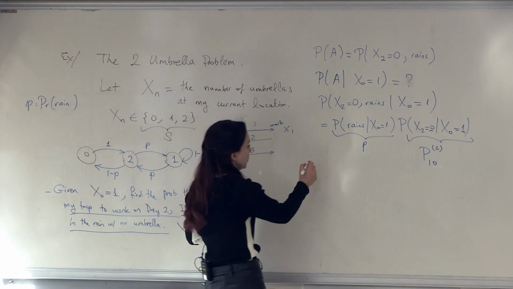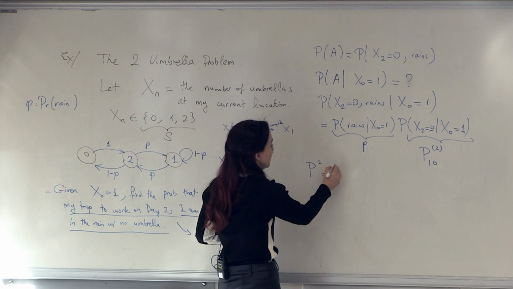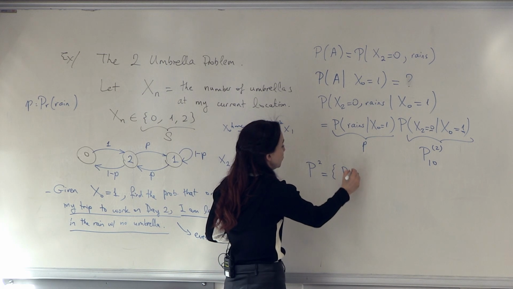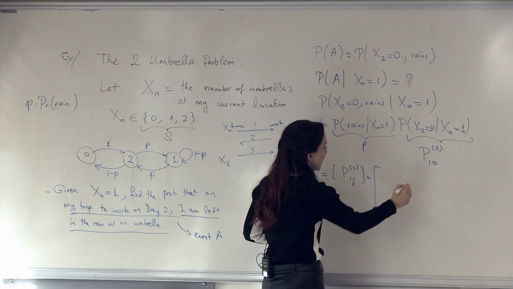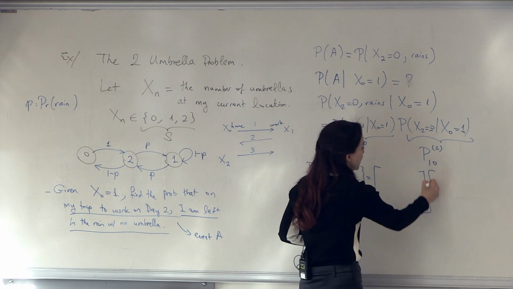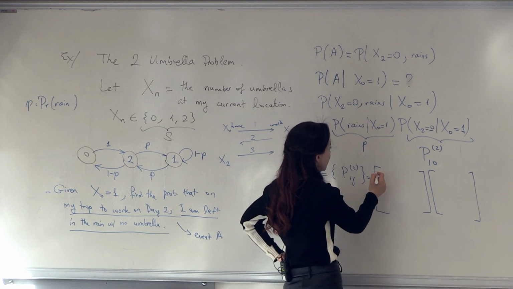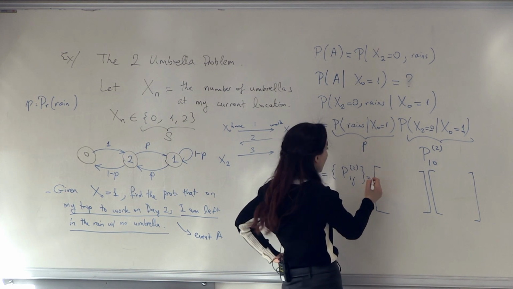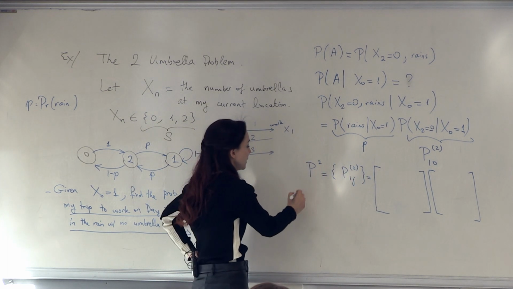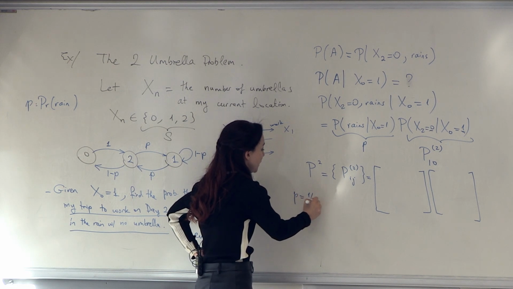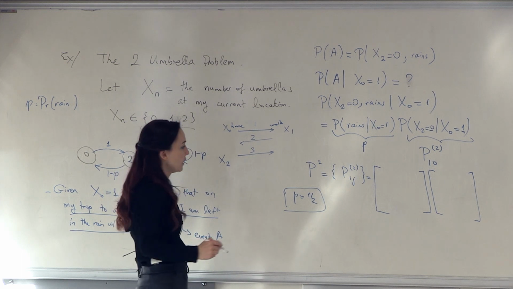If you remember, the P^2 matrix is the matrix of P_ij^(2)'s, and you can compute it by multiplying the matrix P with itself. To find a numerical answer, let's let p equal 1/2.